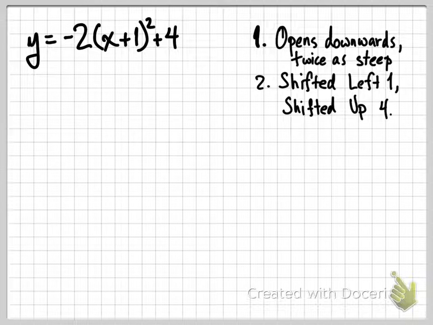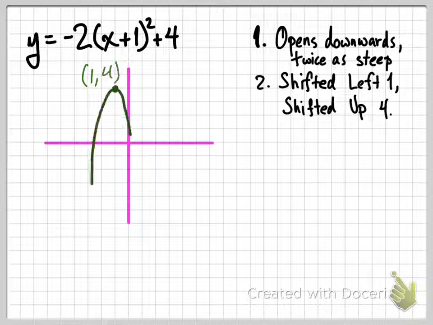So with thinking about all of that stuff in the equation there, you can pretty much visualize what this parabola looks like. There's our vertex there at 1, 4, and it's upside down and it's kind of skinny, and that's what it looks like.